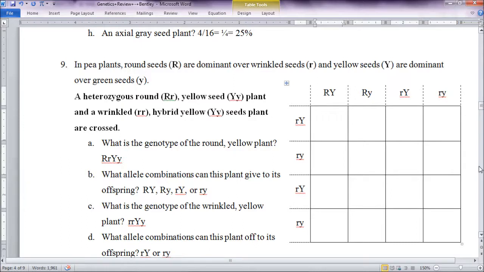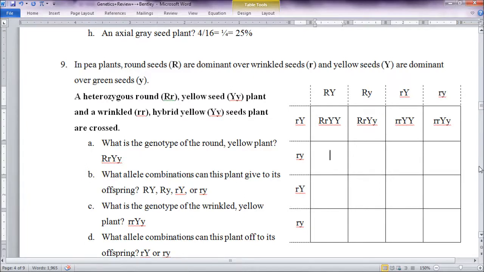So now you combine them. I always put my capital letter to the left side of whatever group it's in. Big R, big Y, little y, little r, big Y, little y. Okay.